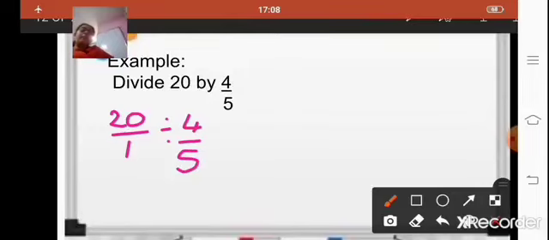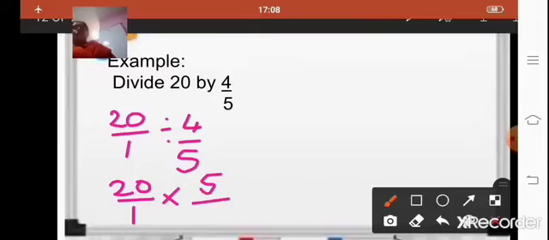First, we have to change the division sign into multiplication sign. So this 20 upon 1 will be multiplied by, second point, the reciprocal of the fraction. Now what is the reciprocal of 4 upon 5? Reciprocal of 4 upon 5 is 5 upon 4.